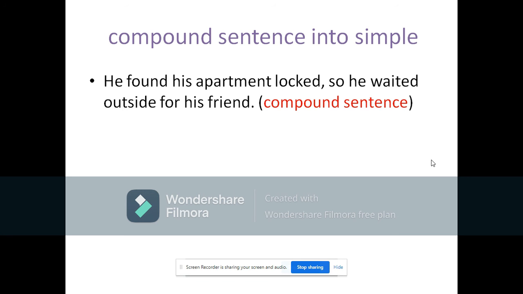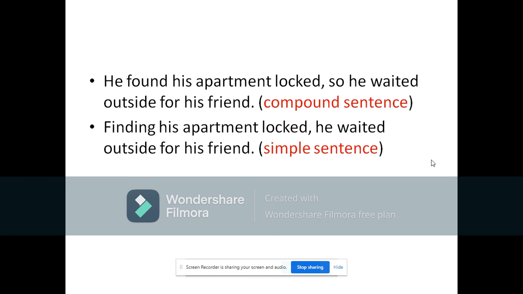How can you change it into a simple sentence? Finding his apartment locked, he waited outside for his friend.